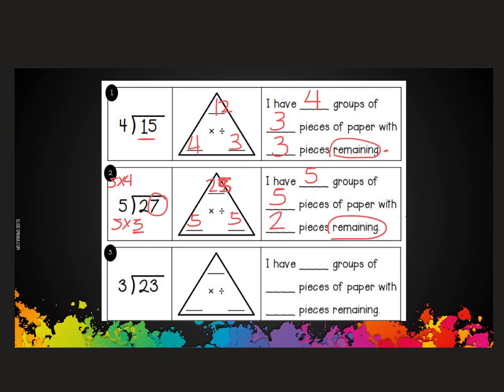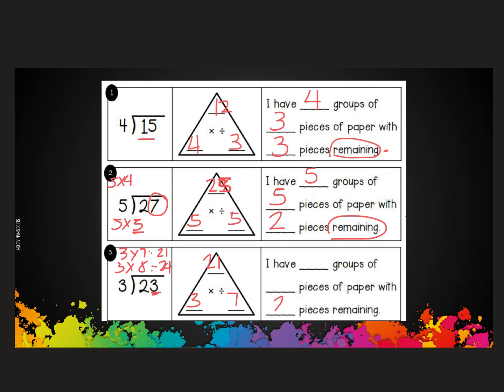What about 23? Well, let's see. I know that 3 times 7 is 21, and that's close. And 3 times 8 is 24, but that's too much. So that must mean that I have to go with 3 times 7, which gets me close, but is only 21.